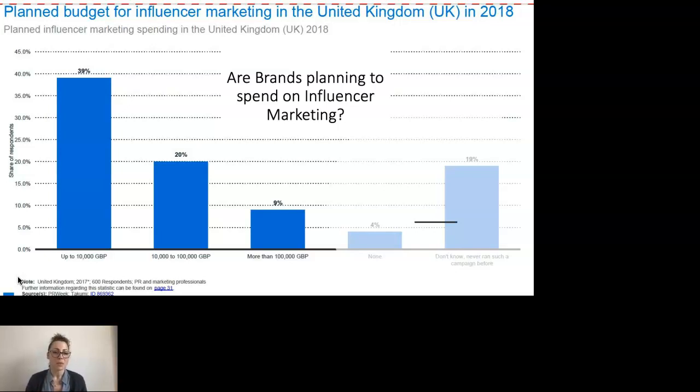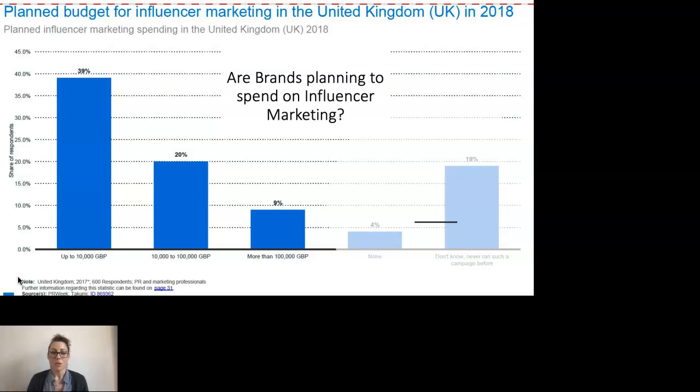So 39% of the PR and marketing professionals questioned are planning to spend up to £10,000 in the year 2018. 20% were planning to spend somewhere between £10,000 and £100,000 in 2018.